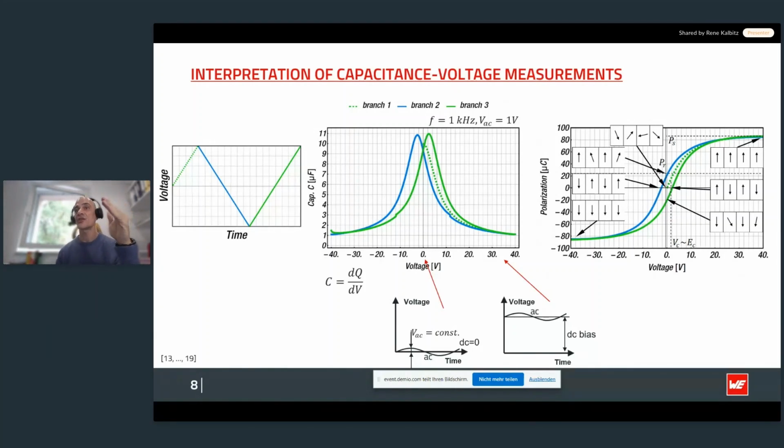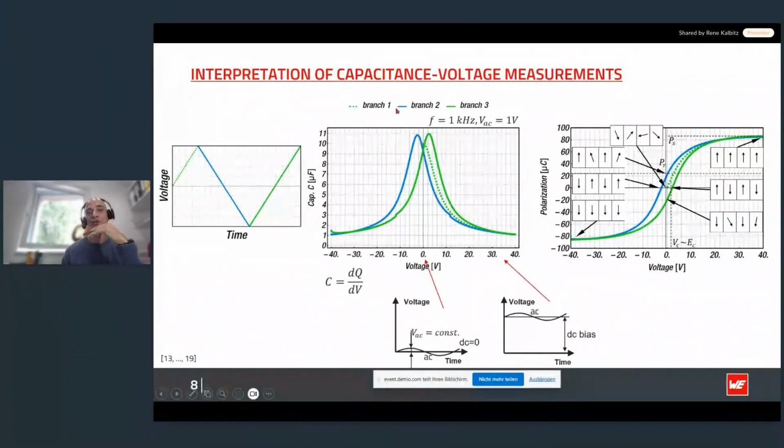The polarization state at 0 volt is referred to as remanent polarization or PR. Any reversed external electric field will have to exceed the coercive field to reorient all domains into the opposite direction.